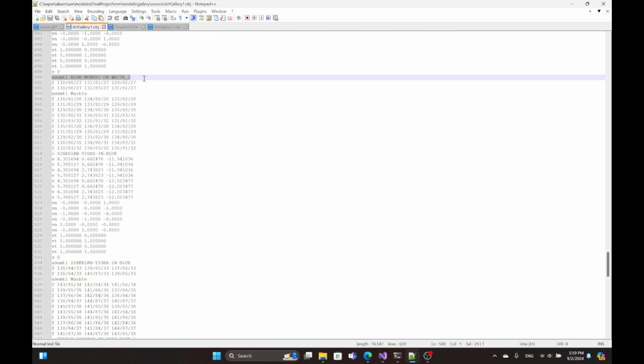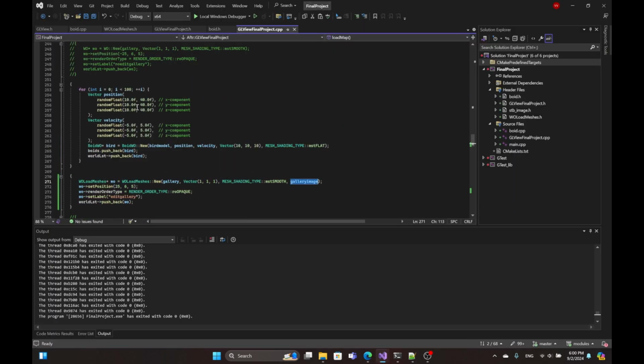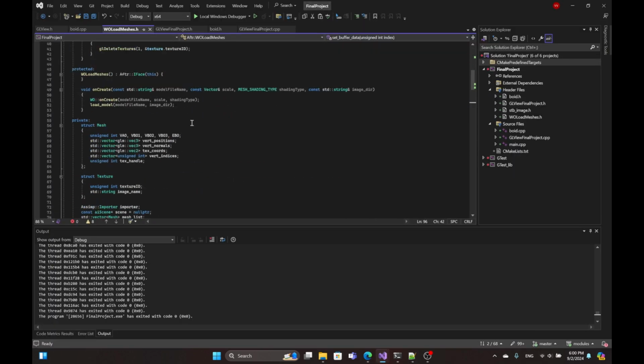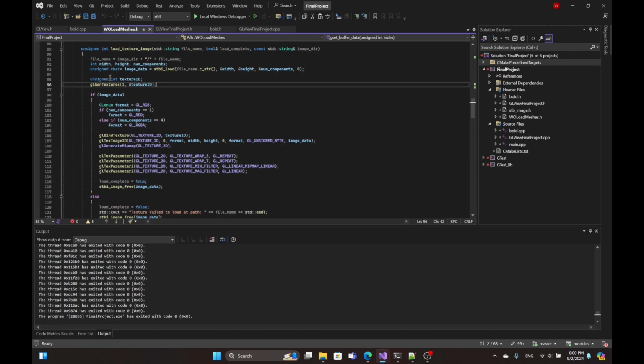My progress on the other one that I wrote, I looked up how to write a 3D model loader, and right here it will load texture. So like this, it will find these files to load it.